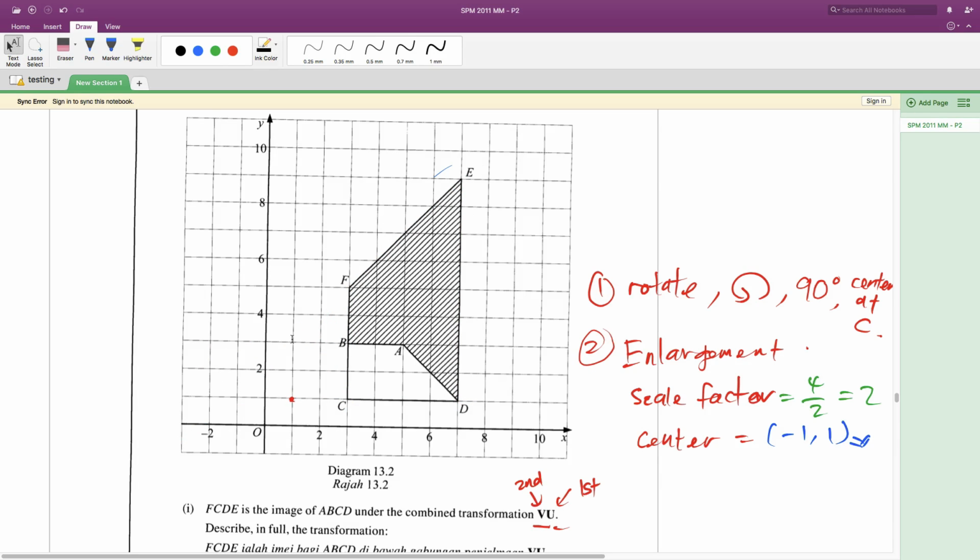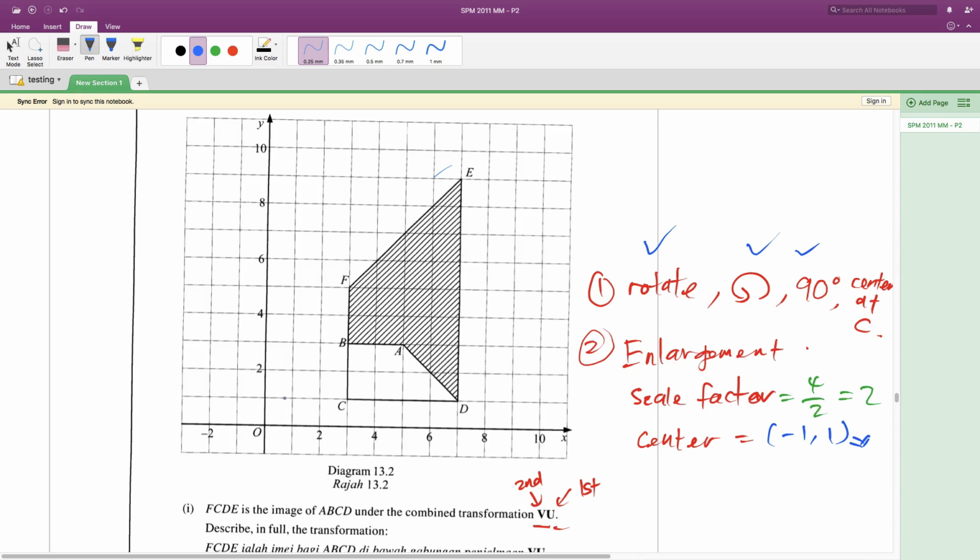In order to make this trapezium look like the image, this two is confirmed already: you have to rotate anti-clockwise 90 degrees. Now you have to think, it can be rotated at any point.